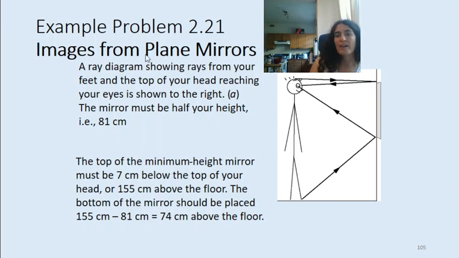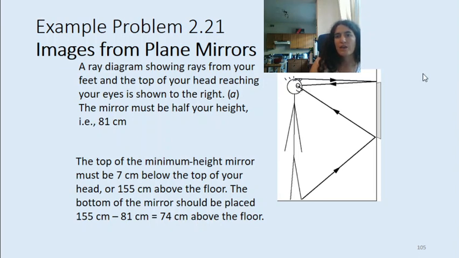So then actually the best way to see this happening is to draw the image of the person, or the person on one side of the mirror, and then the virtual image on the other side over here. So draw 2 people that are identical and looking at each other. And then you want light rays going from the bottom of the feet of the image all the way to the eye, and then light rays going from the top of the image of the person all the way to the eye, right?